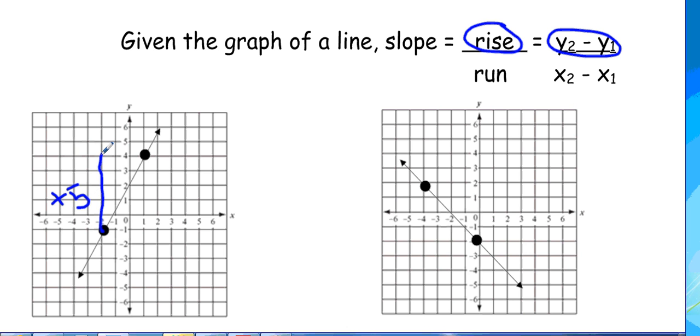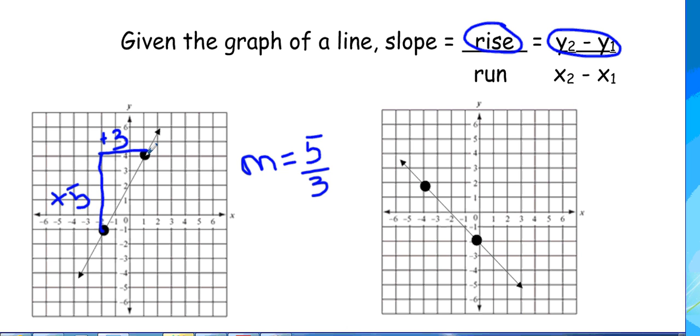Next, in order to get to my point, I'm going to move to the right 3 units. Again, since I am moving to the right in the direction of my positive values, that will be a positive 3. So if I wanted to describe my slope, which is abbreviated with the letter m, I would say that my slope is 5/3.